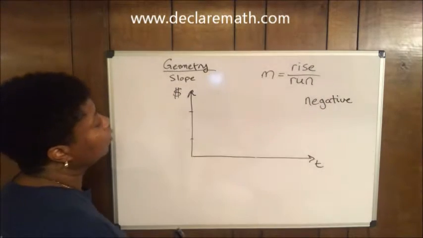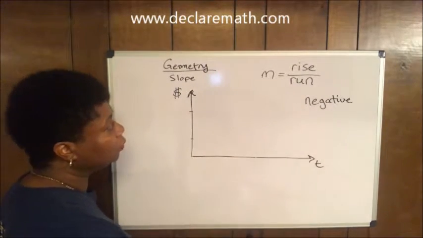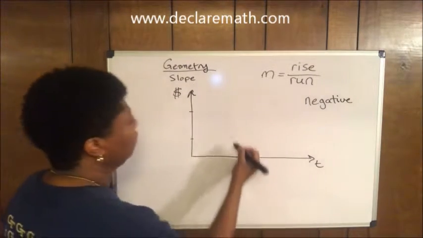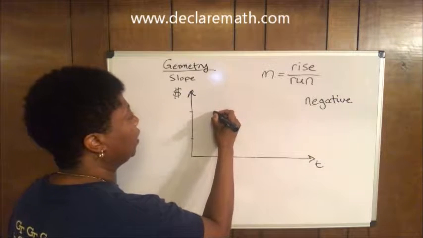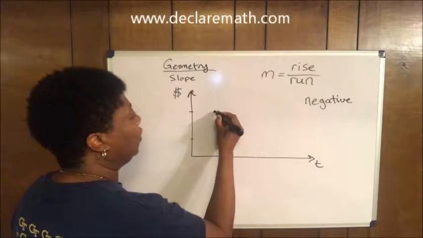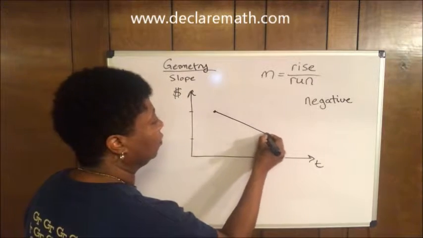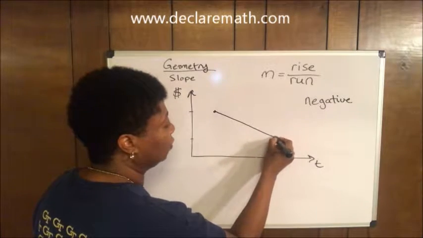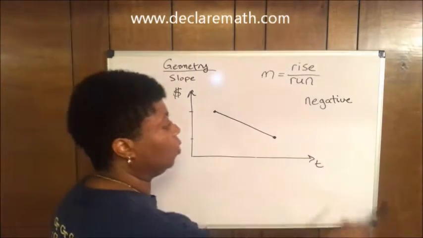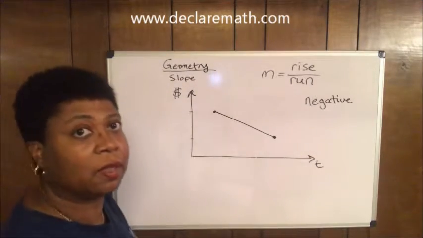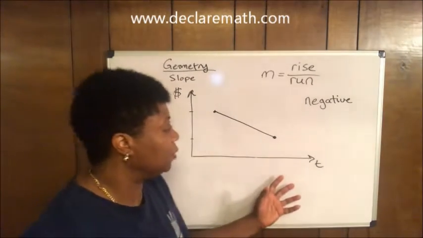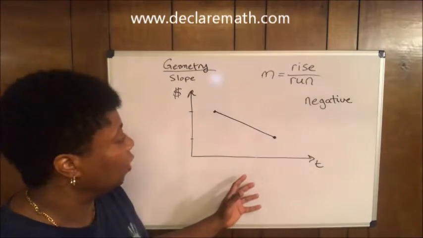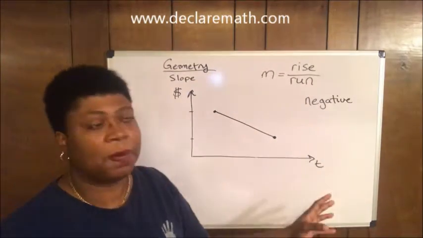In terms of time and money, if you start off with a certain amount of money and then over time you lose money, because time only goes in one direction, the positive direction.